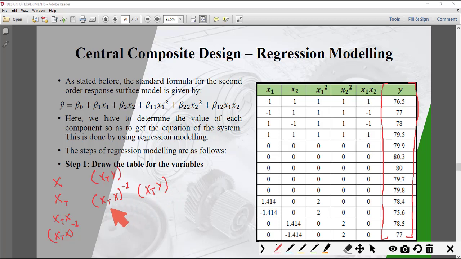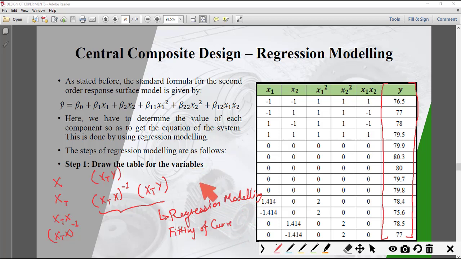Why are we doing all these steps? All these steps together are known as regression modeling. What does regression modeling mean? Regression modeling means fitting of a curve. You have studied this in semester 4, AM4, Maths 4.